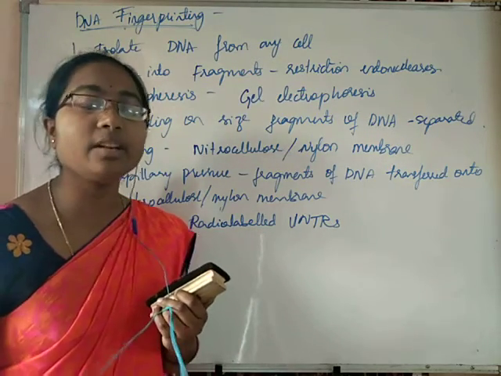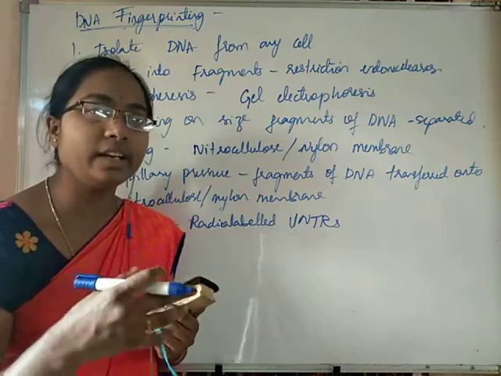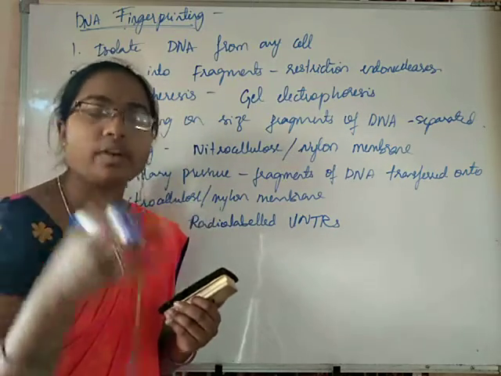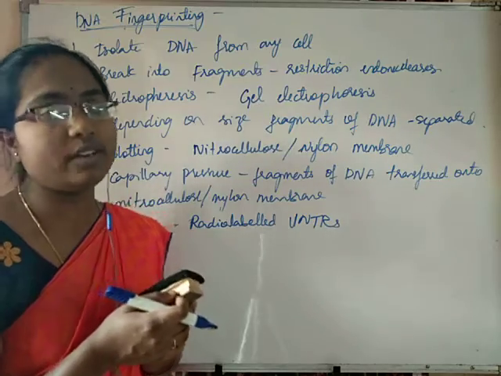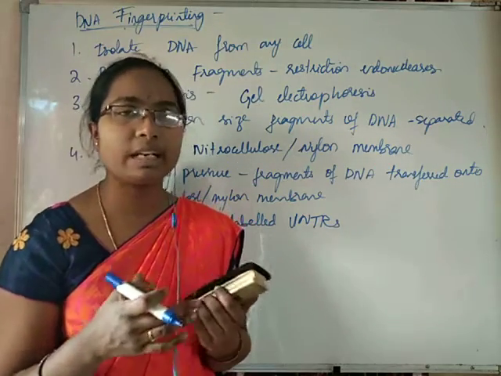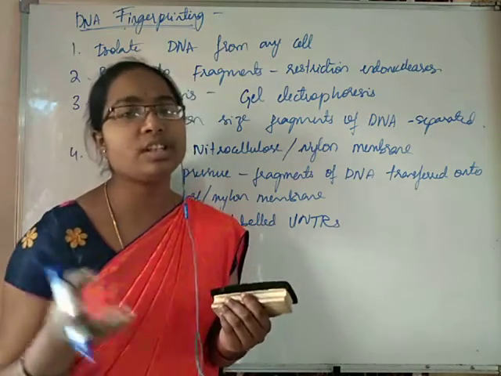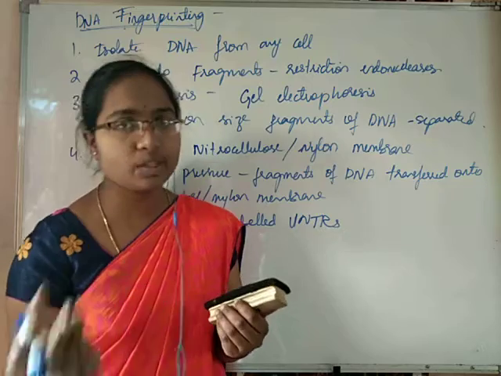Hybridized means the DNA that we are sending and the DNA already existing on the nylon membrane pair with each other. We are already familiar with this pairing: A always pairs with T, and G always pairs with C, and vice versa.